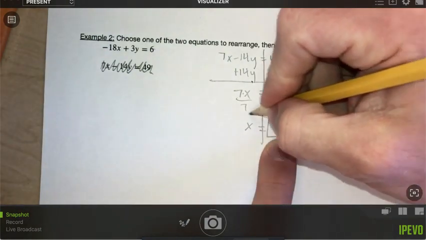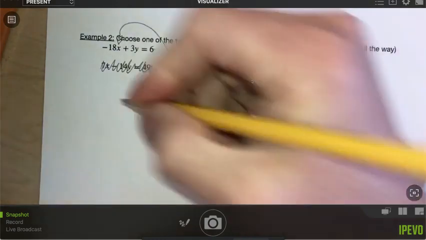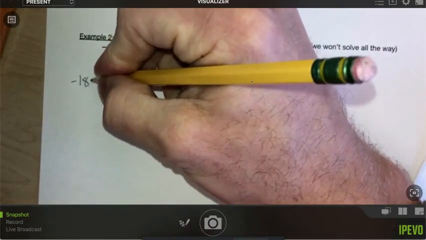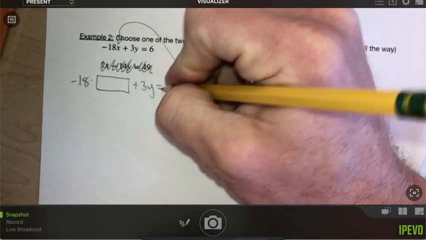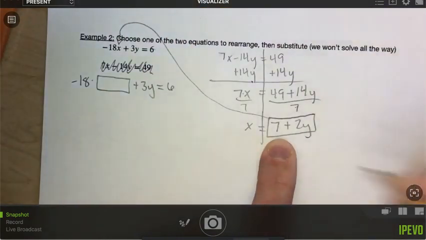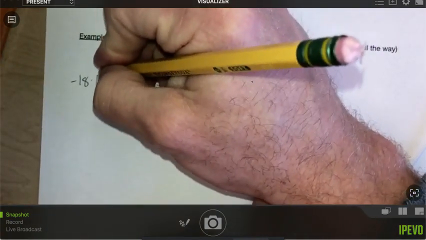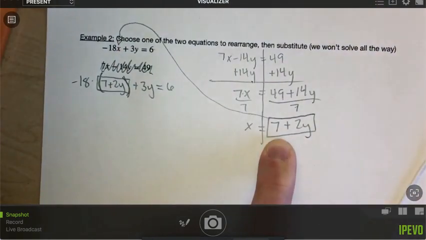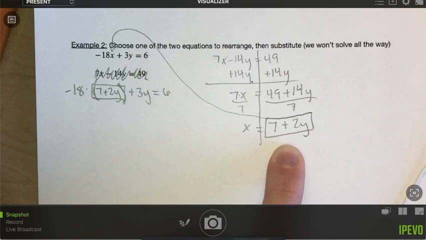And so I can take that and I can throw it into x value up here. All right, and then I can put in 7 plus 2y. And I'm good to substitute and solve. And that's all there is to it.